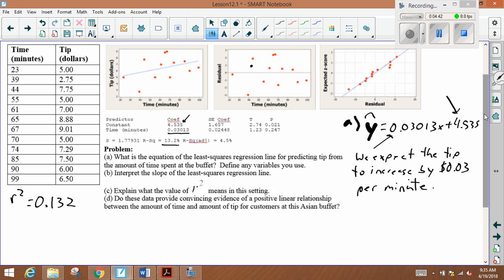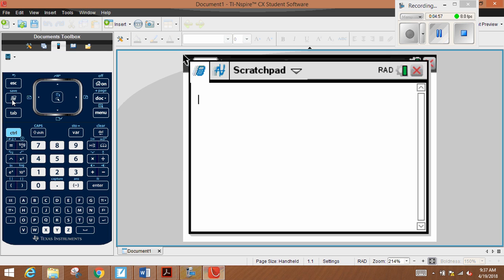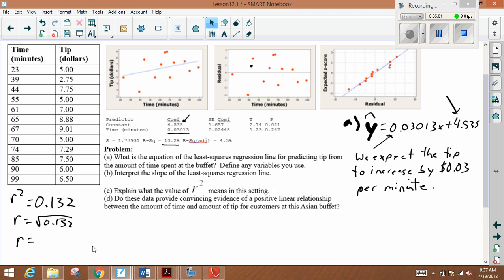I can also get an r value from this. R is the square root of 0.132, so let's just do that with our scratch pad on our calculator.